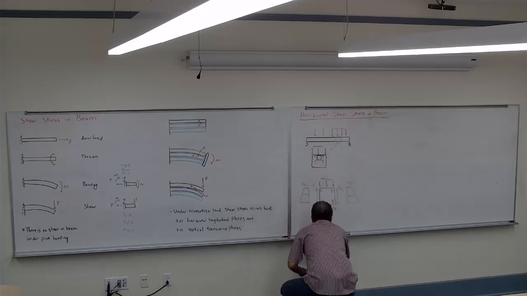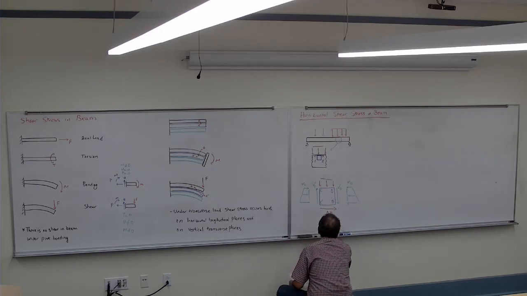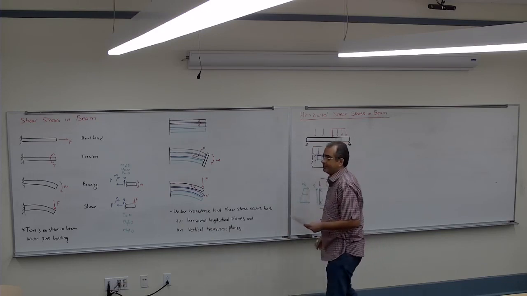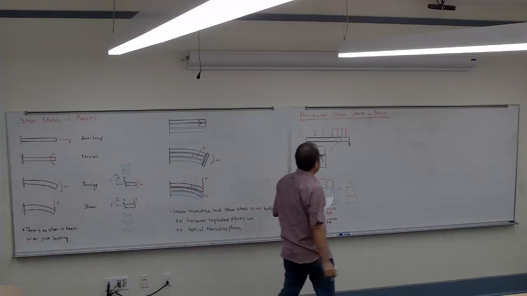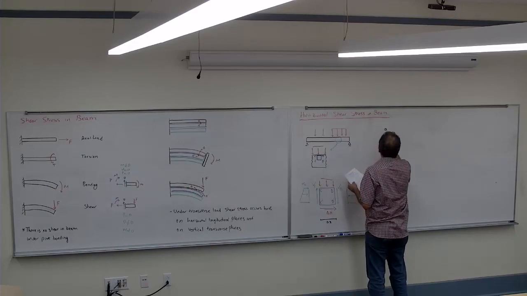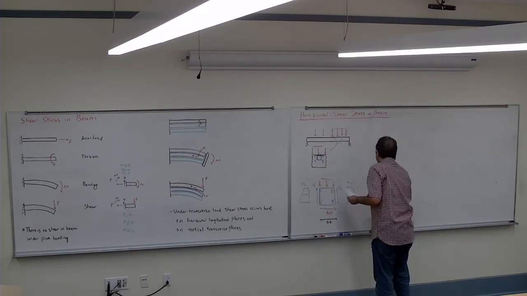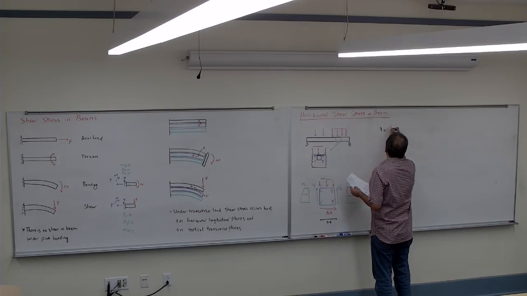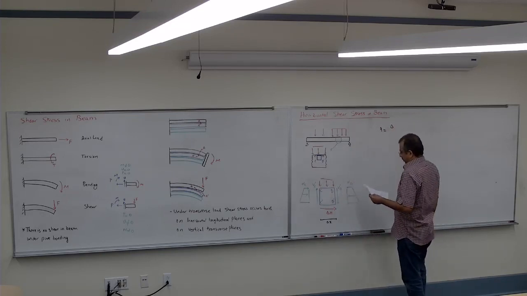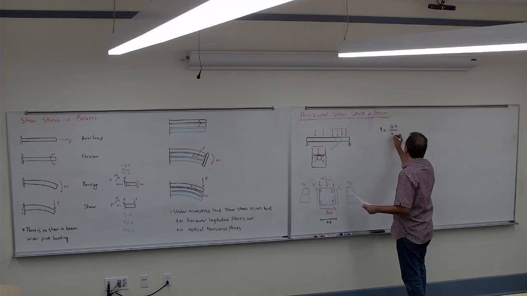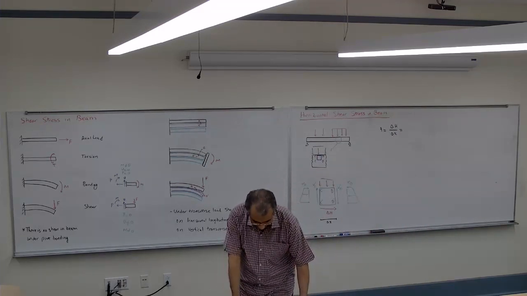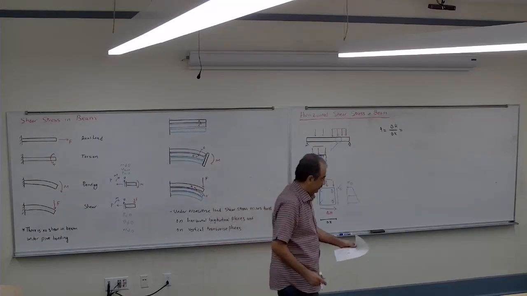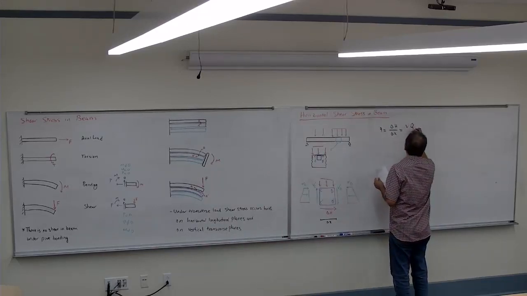If the length of the element I call delta X, then q is equal to delta H over delta X, which is going to be equal to VQ divided by I.